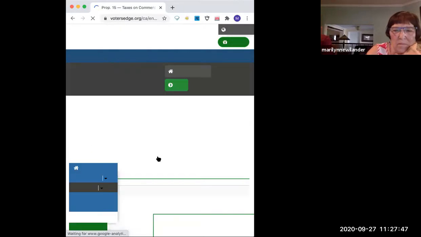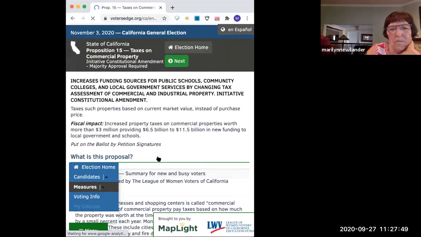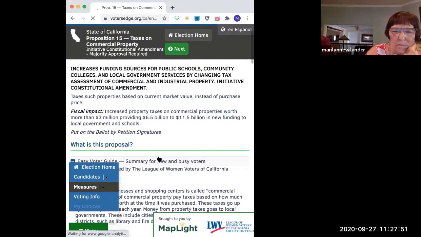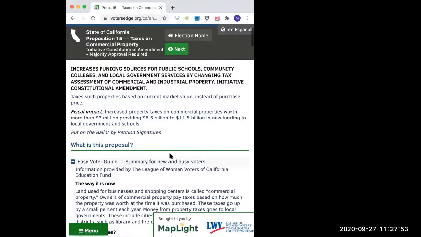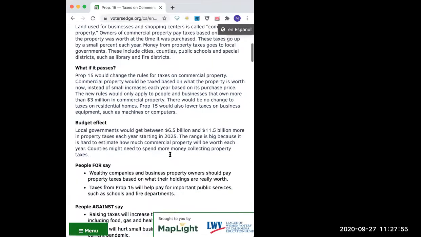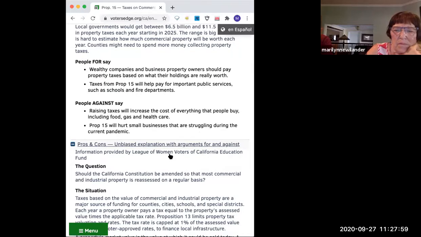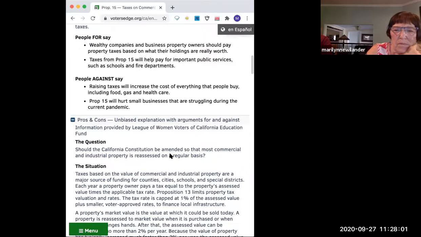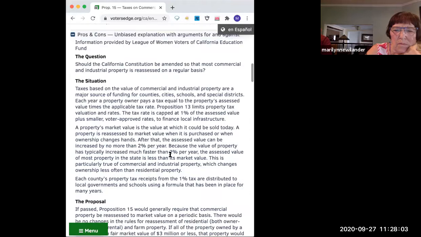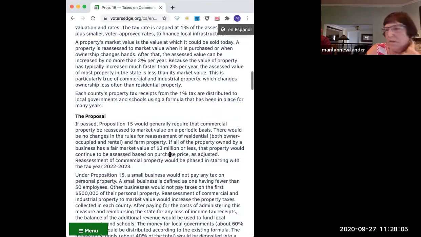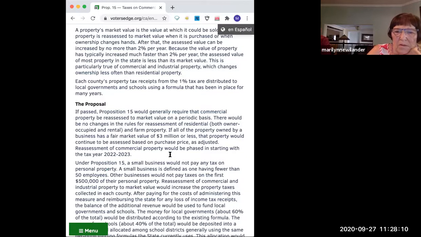So the proposal, if passed, Proposition 15 would generally require that commercial property be reassessed to market value on a periodic basis and suggested every 3 years. There would be no change, however, in the rules for reassessment of residential, whether owner occupied or rental, and for farm property.